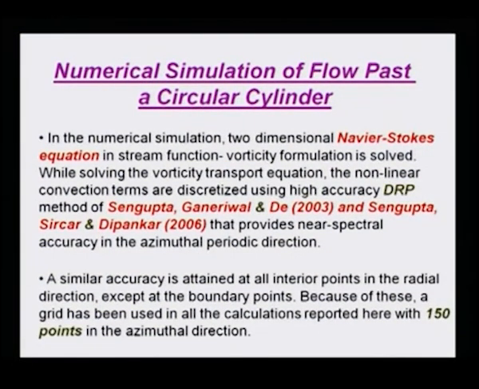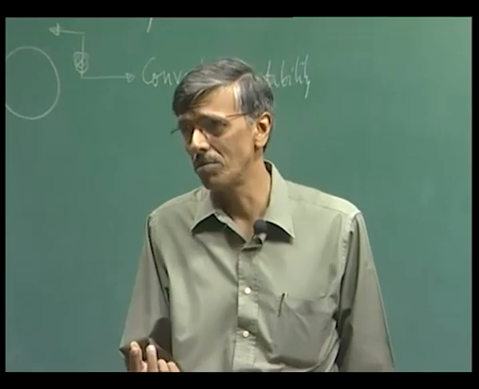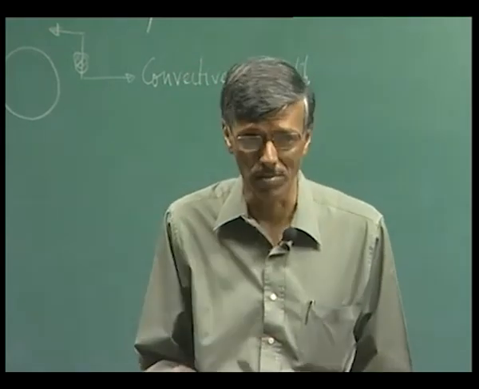The accuracy of the solution, one of the factors I told, is about dispersion relation preservation. In addition, also what we need to do is we need to see certain conservation principles are also followed very, very carefully. Conservation principle of what? Conservation of mass.